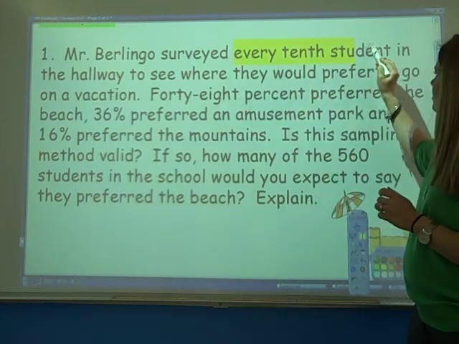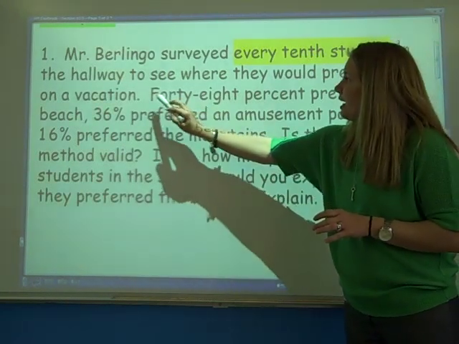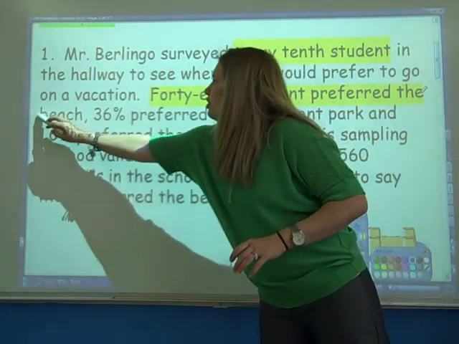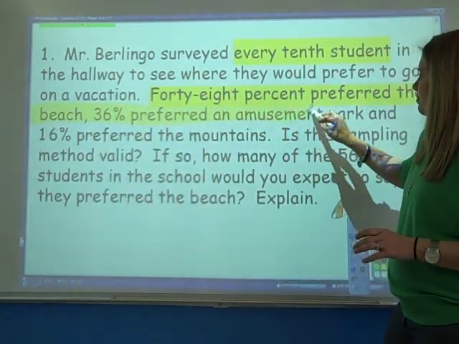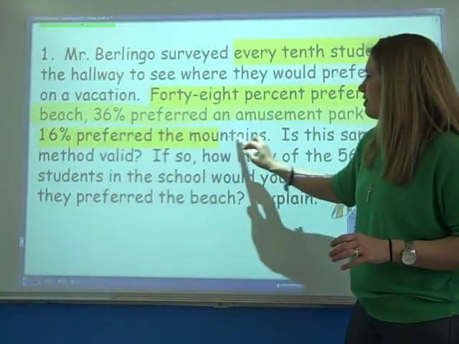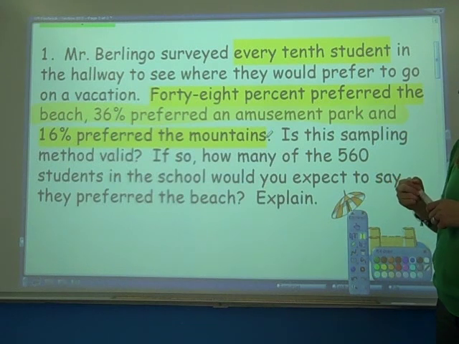Every 10th student was asked in the hallway where they would prefer to go on a vacation. 48%, this would be an important part, 48% preferred the beach, 36% preferred an amusement park, and 16% preferred the mountains. Is this sampling method valid?